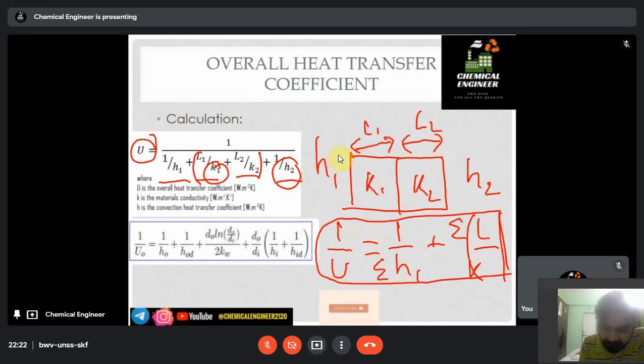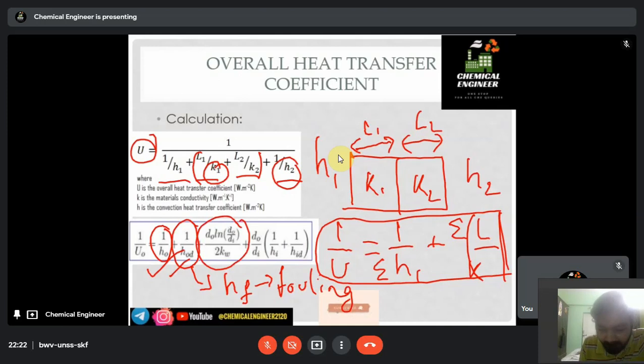Similarly, for the cylindrical wall we have 1 upon H naught, and here we add another term, the fouling factor, HF, which is responsible for fouling. Some heat transfer may be resisted due to fouling in the reactor, so this accounts for all these terms.